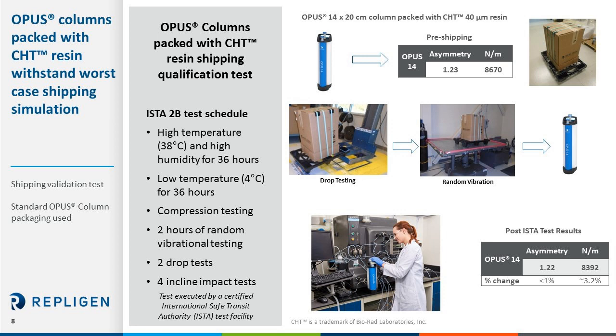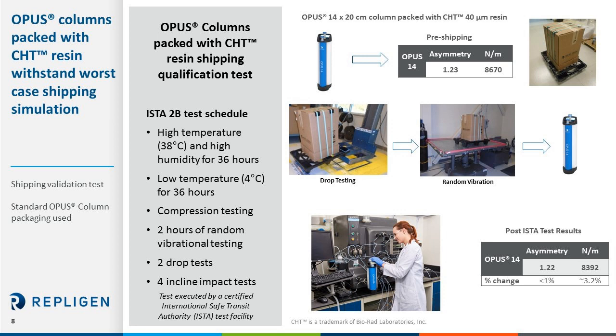Repligen packs a column and sends it to a certified test facility in the approved packaging, and the package with the column inside is subjected to high temperature and high humidity, low temperature, compression testing, 2 hours of vibrational testing, 2 drop tests, and 4 incline impact tests, where the box or crate containing the column slides down a ramp at speed and slams into a steel wall. That's quite a harsh test, and these tests are designed to simulate transit conditions.